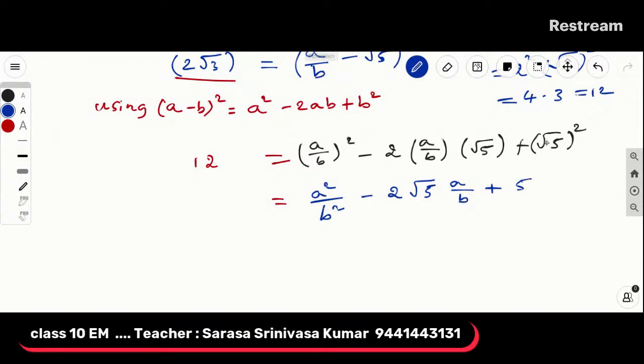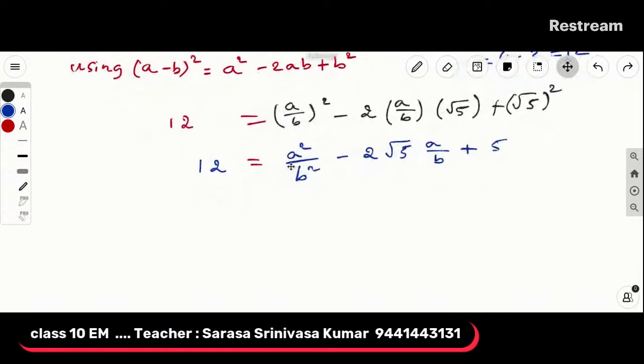So 12 equal to a square by b square minus 2 square root of 5 a by b plus 5. This is what we have got using the formula (a minus b) whole square equal to a square minus 2ab plus b square.